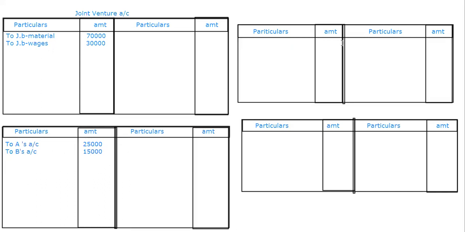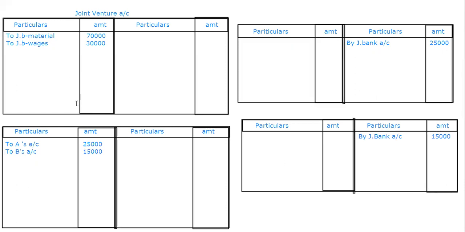So individual accounts will be affected, that is, by joint bank account 25,000, then by joint bank account 15,000.